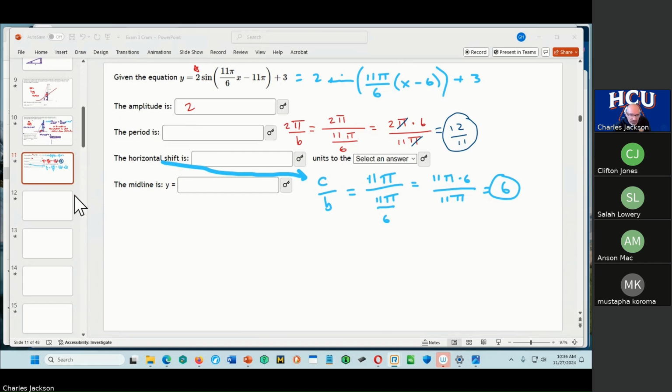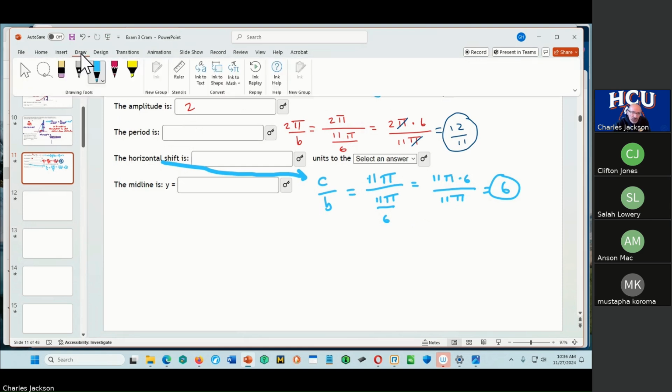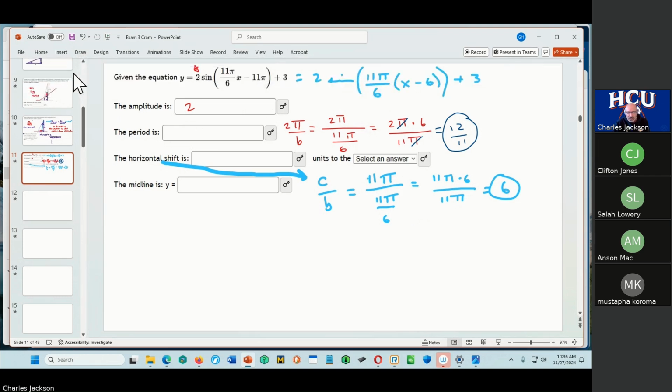Last question is midline. So midline, if you picture this wave, what would be the line that cuts through all of it? Now I would go to Desmos and graph it.